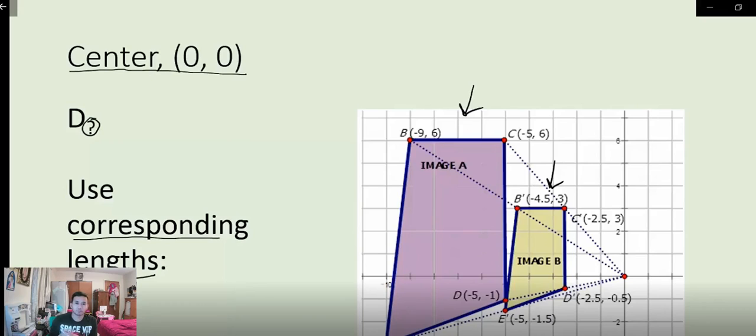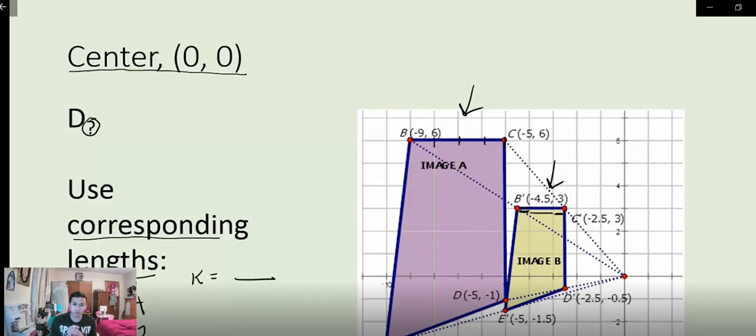We'll just look into the measurement. BC is 1, 2, 3, 4 units, and your B prime, C prime is 1, 2 units. So what will be our K?